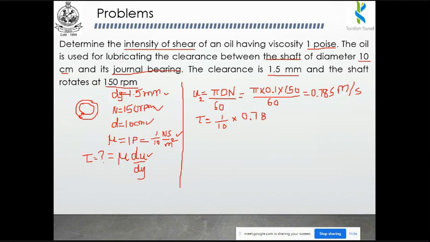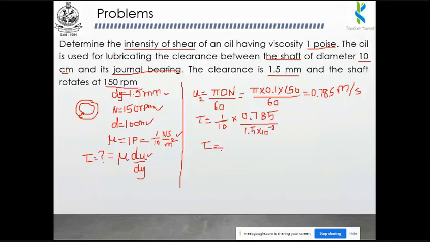It is divided by the value for dy, which is 1.5 millimeter. Please convert this 1.5 into meter, so 1.5 into 10 to the power minus 3. Then you will be getting the answer for the shear stress.